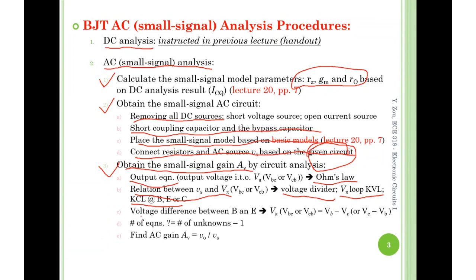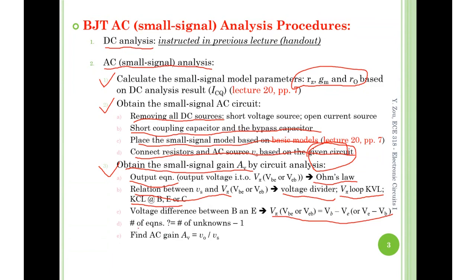Next, we also need to be careful: V pi, which is VBE, is equal to the voltage at the base with respect to the ground minus the voltage at the emitter with respect to the ground. So be careful with this relation. It might be useful.